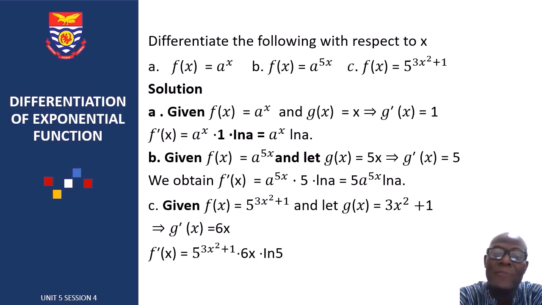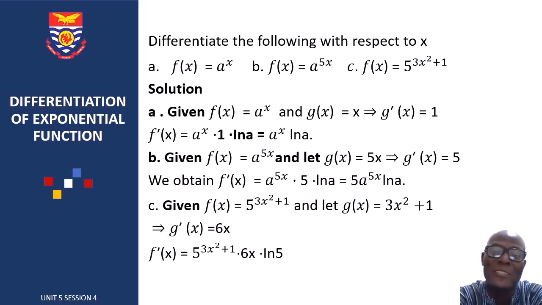C, the function f of x is given as 5 exponent 3x squared plus 1. Now, to differentiate this, we let g of x be the exponent 3x squared plus 1. Differentiating the exponent gives 6x. Now, we multiply this 6x by the ln of the base.